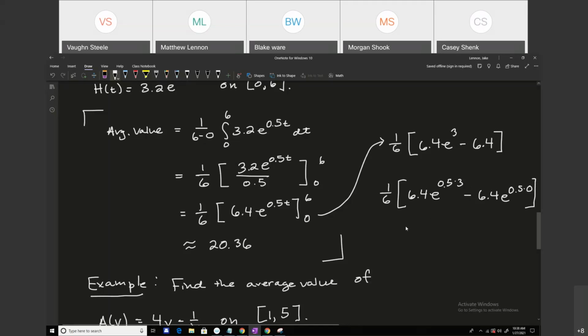You did something like this, and then you just tried to type it all in at once. No, so on my calculator I put 1/6 and then I put in parentheses 6.4 e to the 0.5 and then I put in parentheses the 6 and then I put in the last parentheses and I got 21.42.